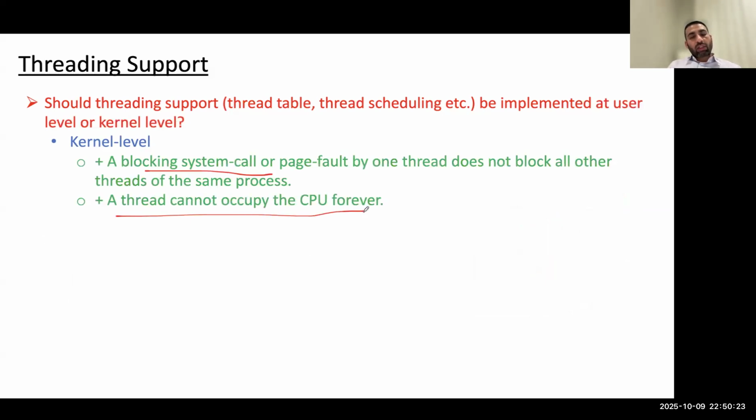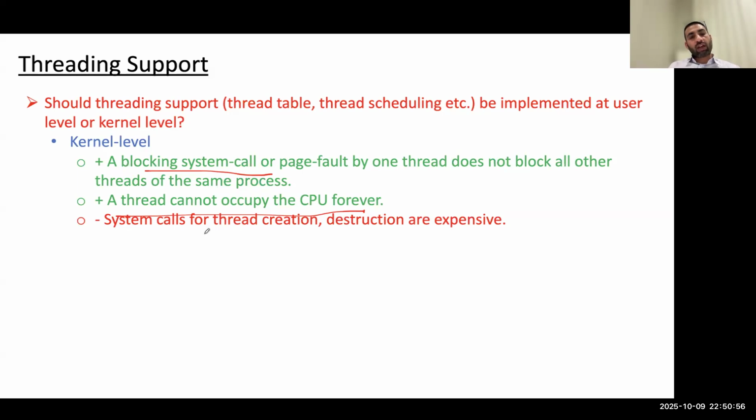Also, a thread cannot occupy the CPU forever. Why? Because the kernel is responsible for managing, and if it finds that a thread is stuck in a loop forever, it can keep track of time using timers, and if the allocated time budget has expired, it can kick out that thread.